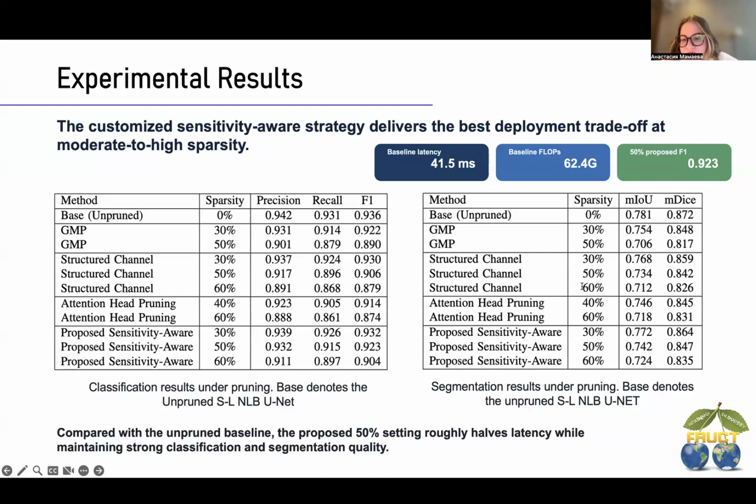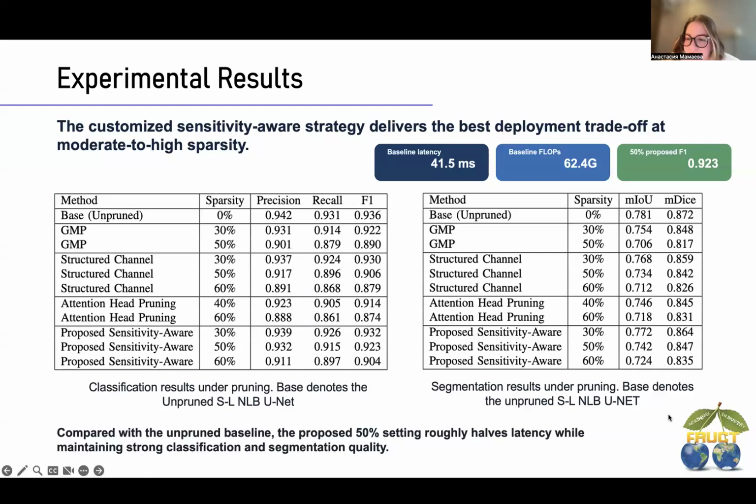At 50% sparsity, it reached an F1 score of 0.923, mIoU of 0.742, and Dice of 0.846, while reducing latency to 23.6 milliseconds and FLOPs to 30.8 gigaFLOPs. At 60% sparsity, the method is still stable.